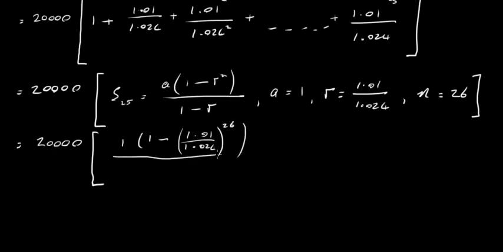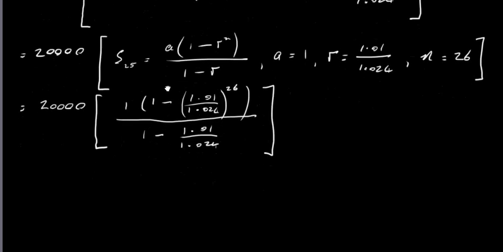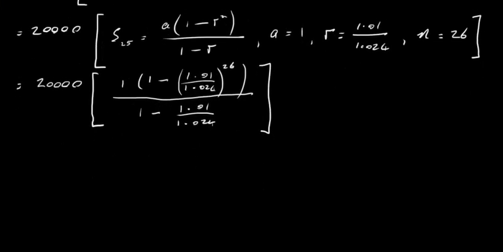That's that one there, and then divided by 1 minus r, which is 1.01 over 1.024. And this is the amount that needs to be in the account at the beginning of the 25 years. Now you can spend a few lines in between doing it. Again, I wouldn't try typing all this into your calculator. Just do little bits at a time.